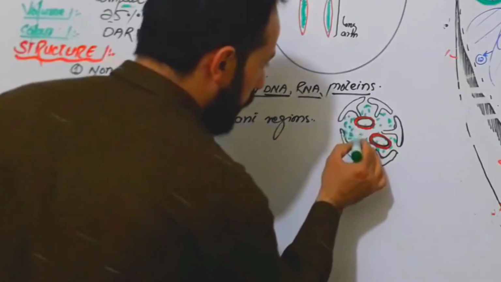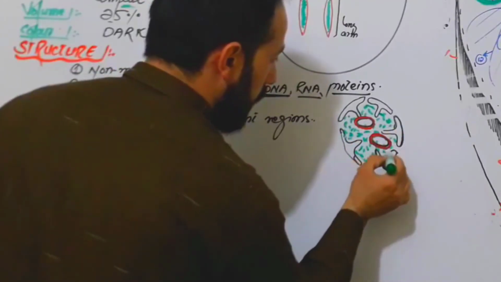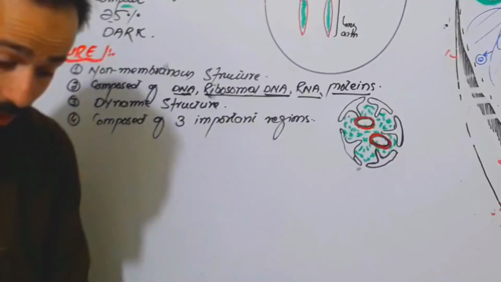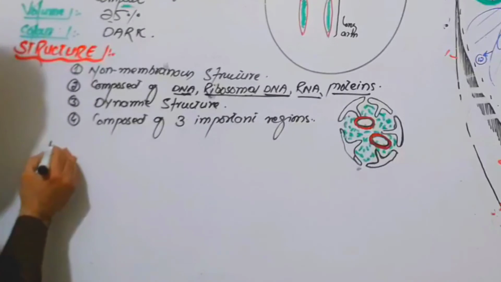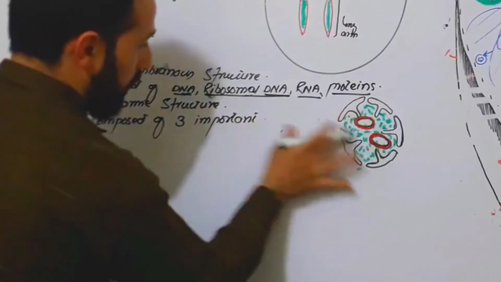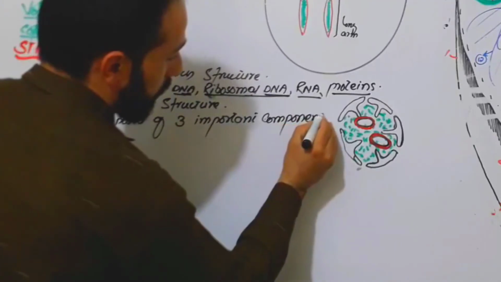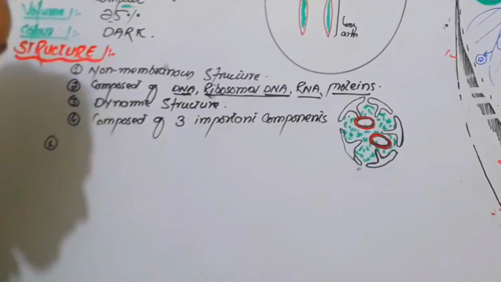The first important region is this one, the dense region or the fibrillar region. Let me write their names here. Instead of regions we should write components, right? So the first component is the fibrillar component.